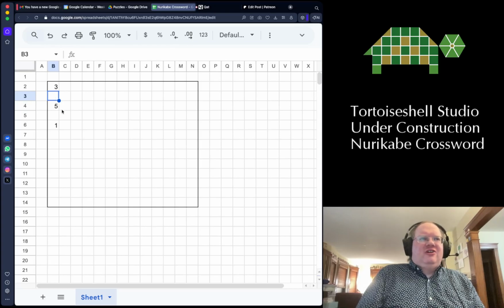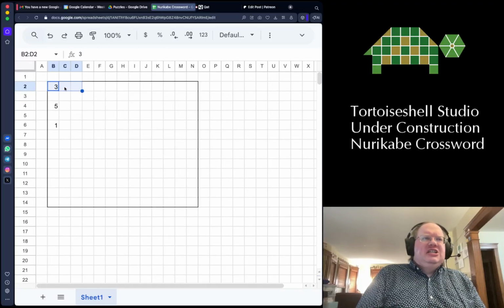The black cells are sort of the ocean or wall, depending on the interpretation. And the white squares are islands. And each island contains one number, which is the size of that island.